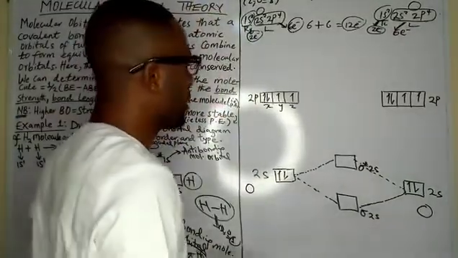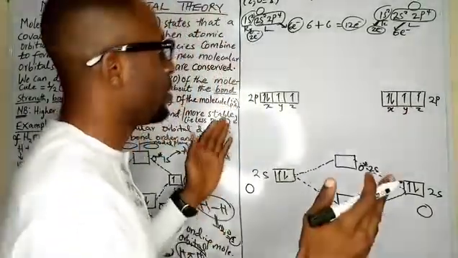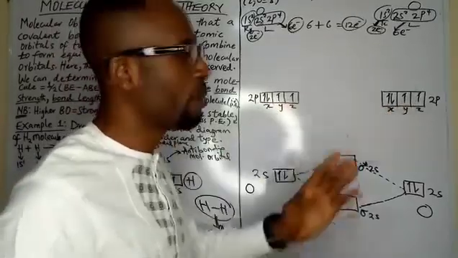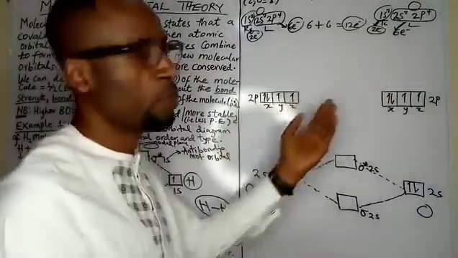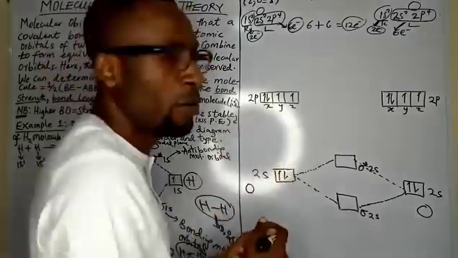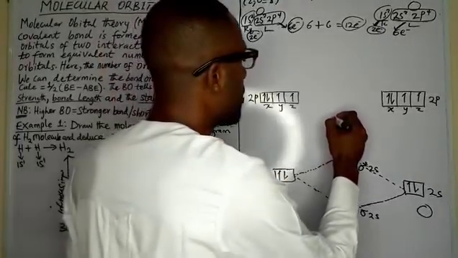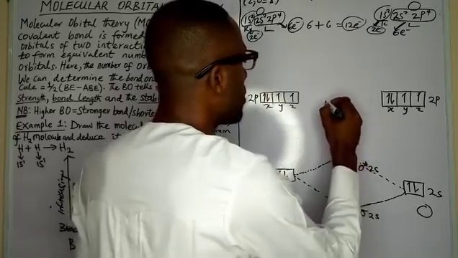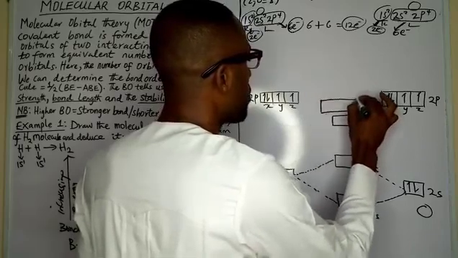Next thing you are going to do, you ask yourself, of course, this is x, y, and z. You are trying to overlap these orbitals. You have 1, 2, 3, 4, 5, 6 orbitals. Since it's 3 2p's here and 3 2p's, 6 orbitals are overlapping or combining, so we are going to have 6 molecular orbitals. That is critical. You are going to have an orbital of the lowest energy, and the second ones are orbitals of equal energy, degenerate orbitals.